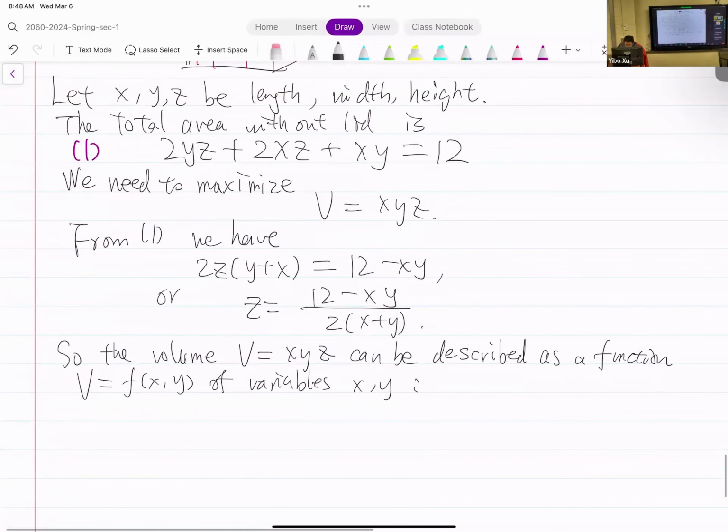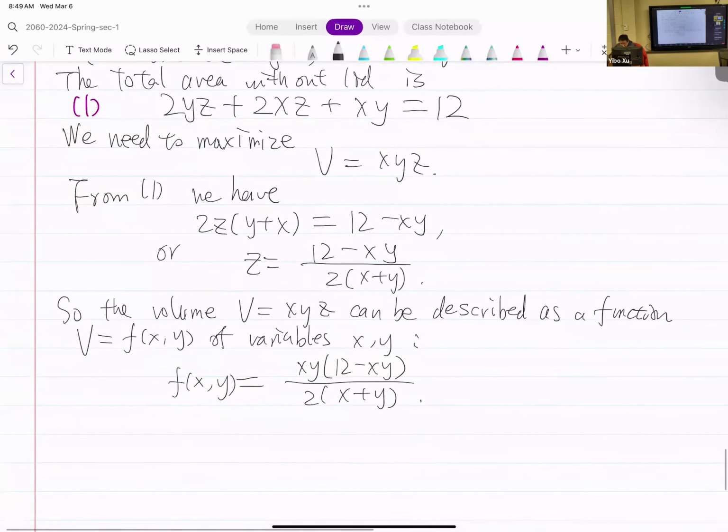We just put down the result as follows. We have x times y times z, but z is now the fraction value. So we put the things together: xy times (12 minus xy) over 2(x+y). Now z is defined by the fraction, but z is gone, right? The constraint is satisfied, and we just need to maximize this binomial function.